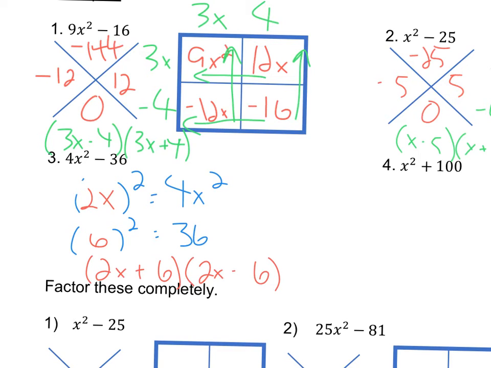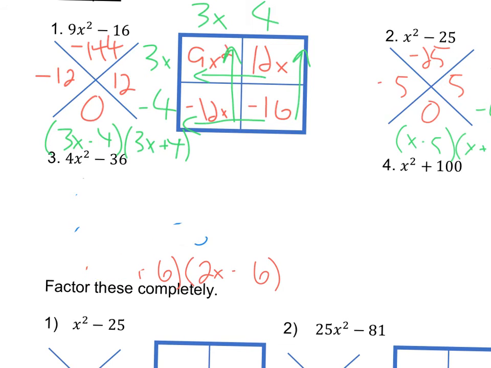Yes. So let's start over with our GCF. The GCF is 4, so I can pull out a 4, and we get x squared minus 9.